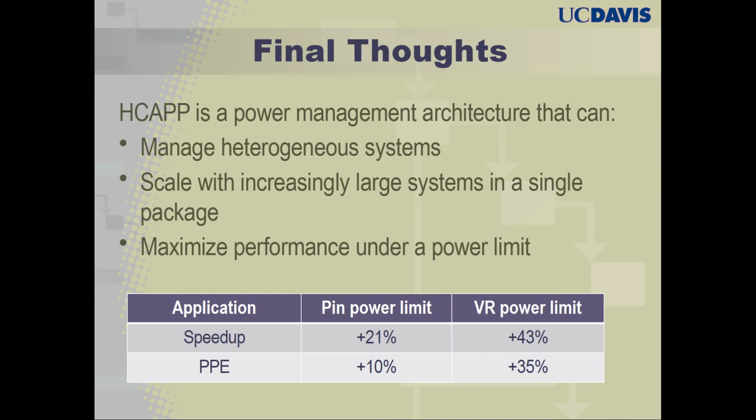Across two different power limits, the pin power limit of 20 microseconds and the VR power limit of 1 millisecond, we're able to get speedups of 21% and 43% respectively, and increase the provision power efficiency by 10% and 35% respectively.